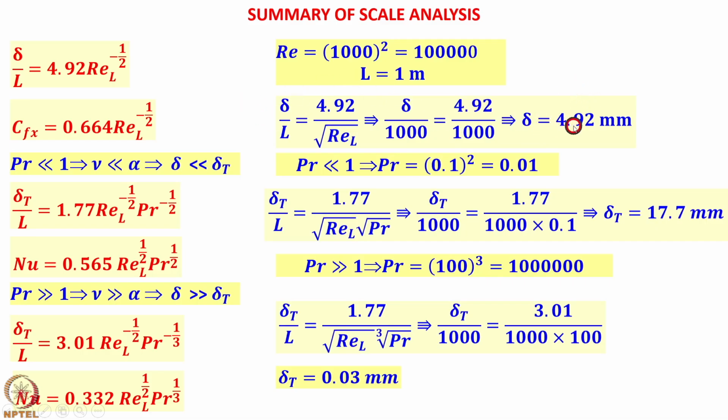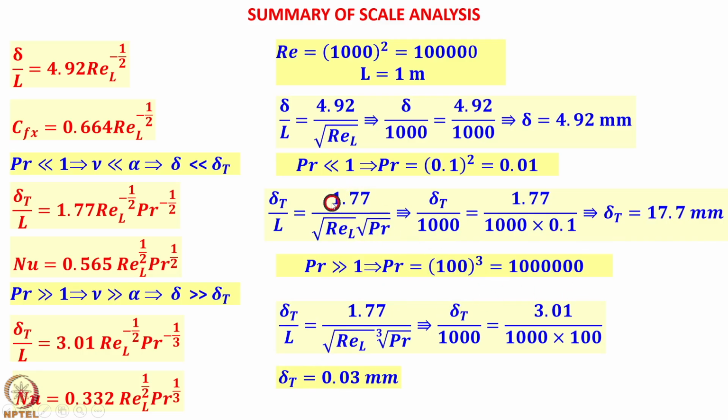So delta is 4.92 mm, and delta_T for Prandtl number less than 1, say Prandtl number 0.1, you get as 17.7. For Prandtl number greater than 1, you get delta_T as 0.03.